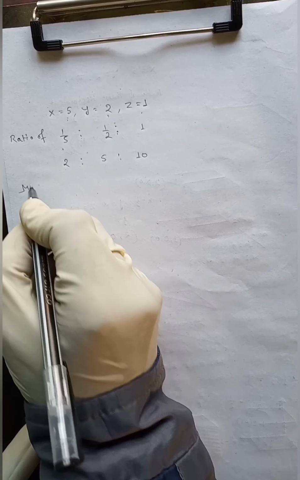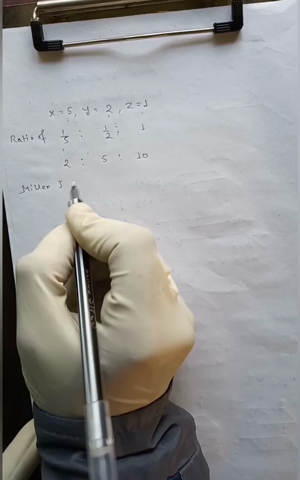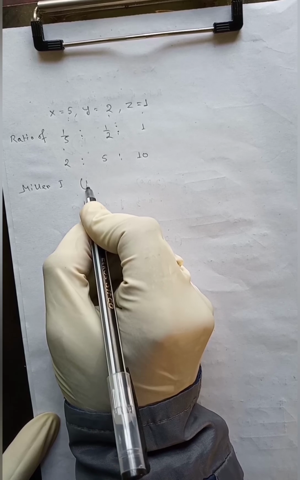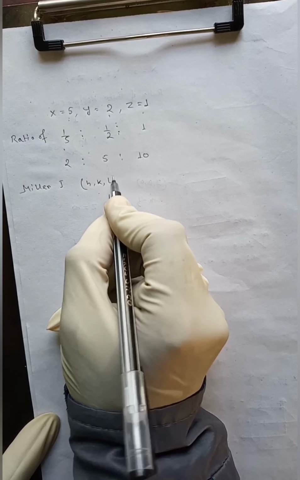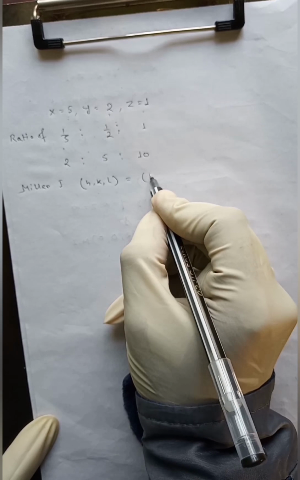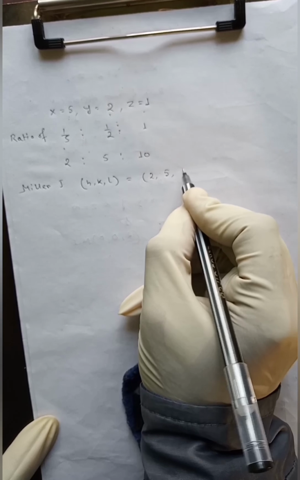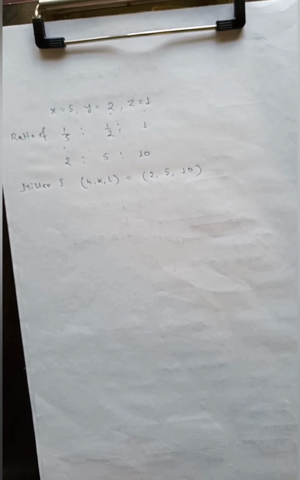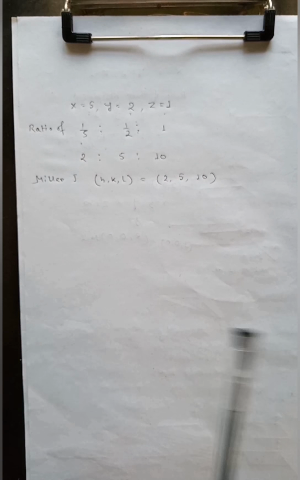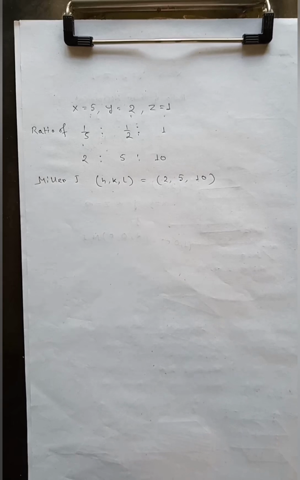So the Miller indices are such that HKL is equal to 2, 5, 10. This will be the Miller indices of that plane.